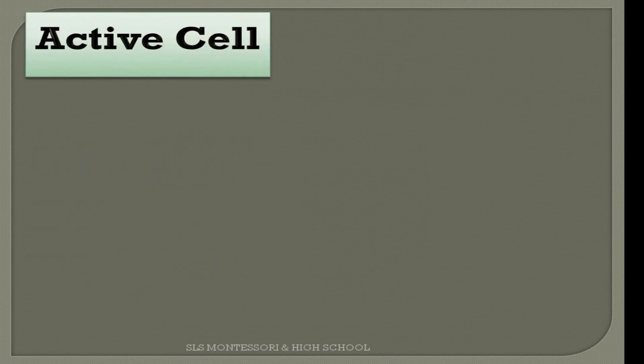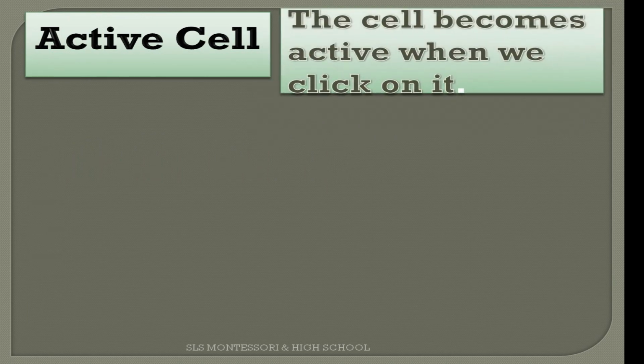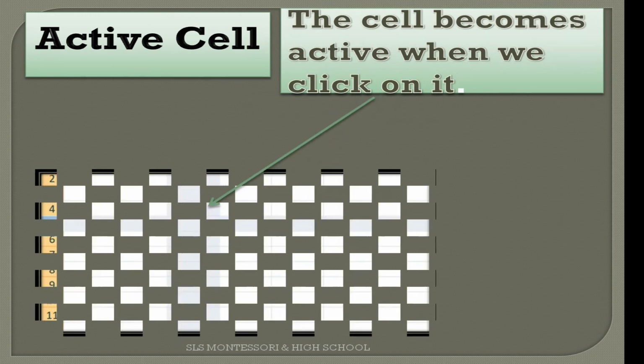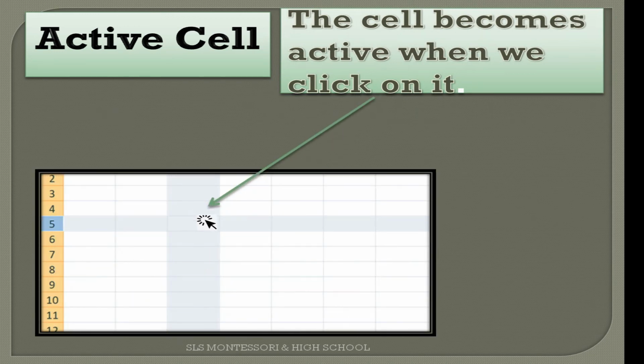Now what is active cell? Basically, it is the effect or the action that appears when we click on a cell and it becomes active. It has a highlighted boundary.